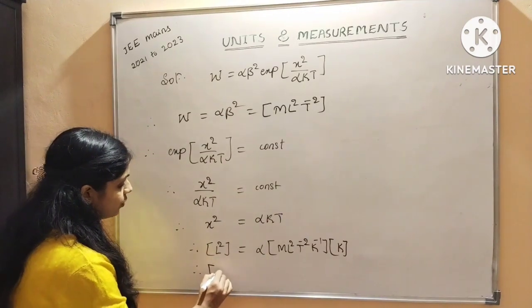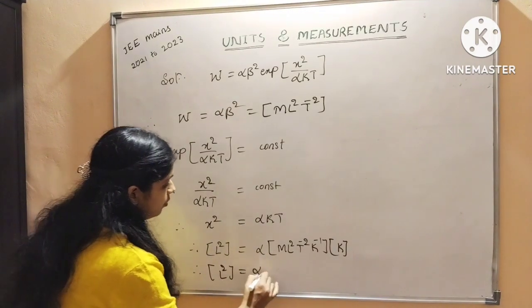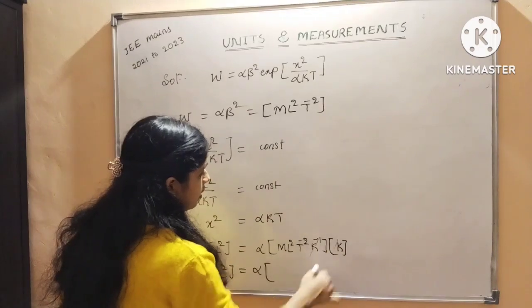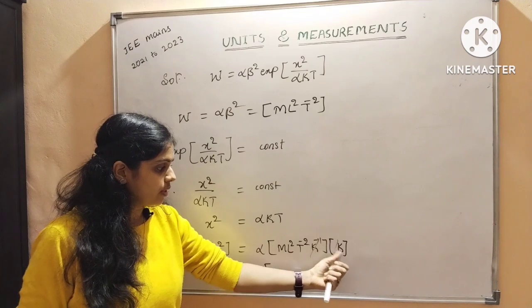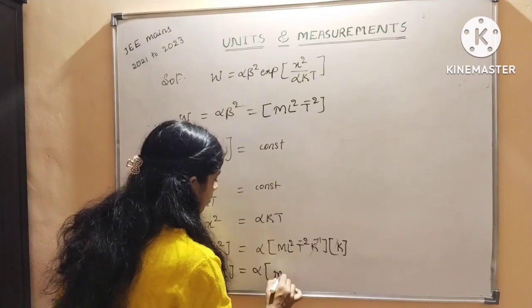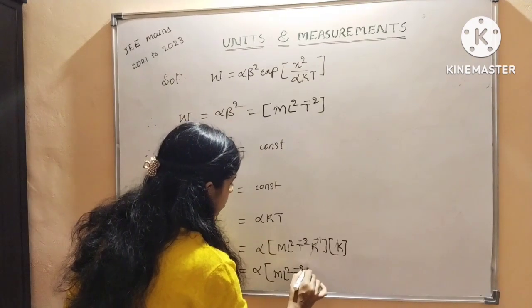Therefore, L^2 equals alpha, here Kelvin cancels, Kelvin raised to minus 1, Kelvin cancels, therefore ML^2T^-2.